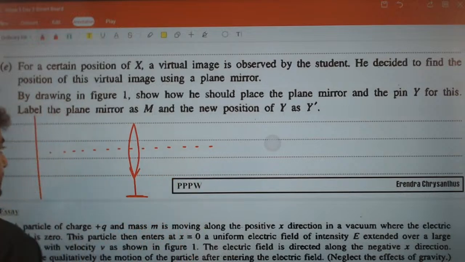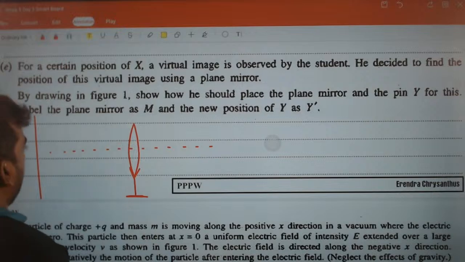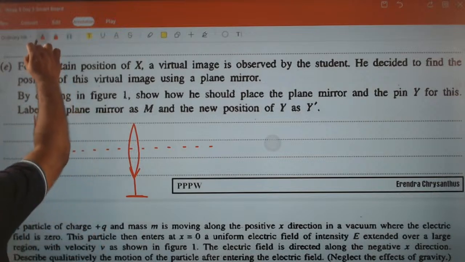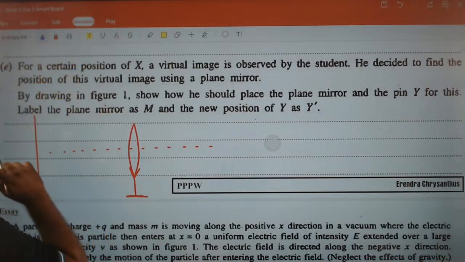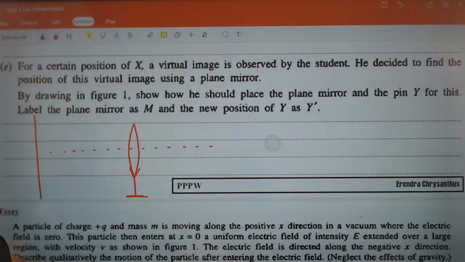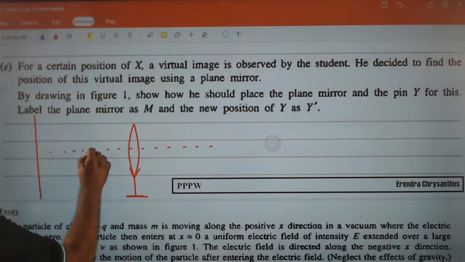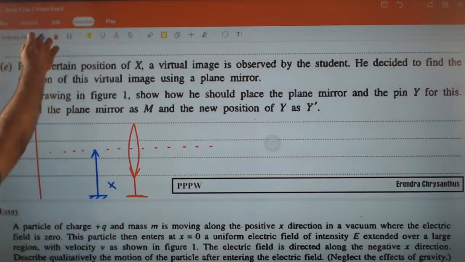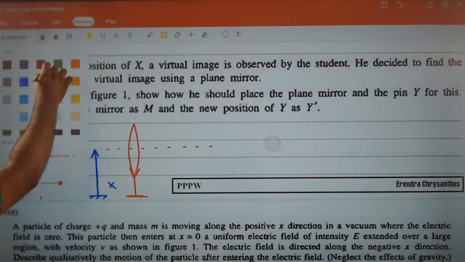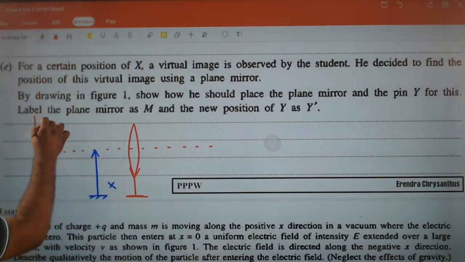Now what happens is, remember the observation skill, a virtual upright magnified image means you will get an image. This is pin X. You will get an image which is bigger like this.